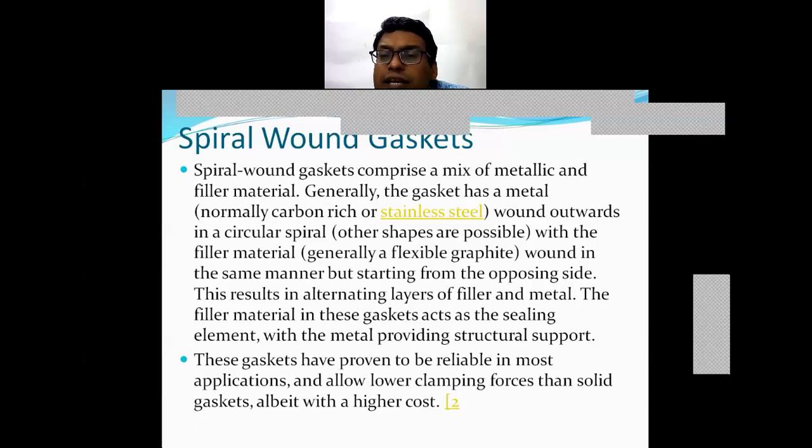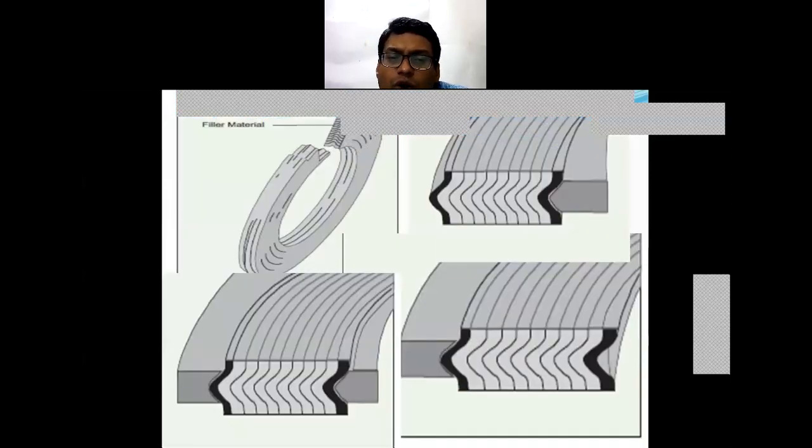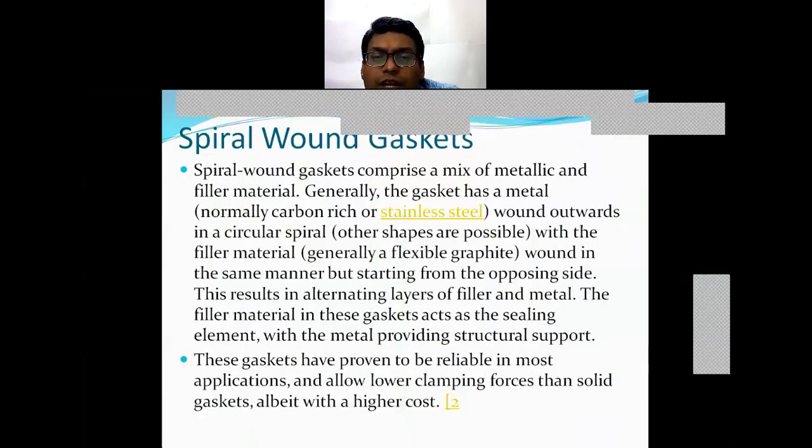Outside this spiral periphery is the outer ring, and there can also be an inner ring, with the filler material wound in the same manner but starting from the opposing side. This results in alternating layers of the filler and the metal.